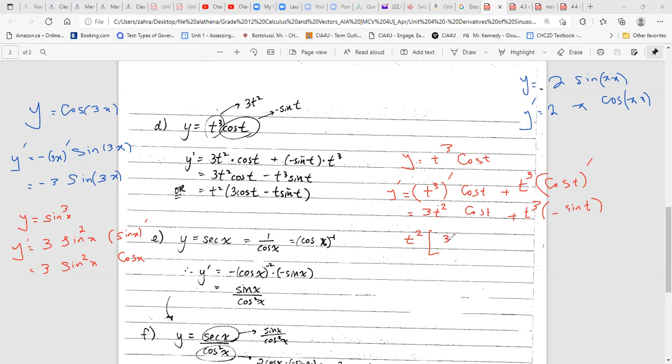What we have is 3 cosine t minus, so the t is over here because t power 3 divided by t power 2 is going to be t, and here is sine t. Okay. Next question.